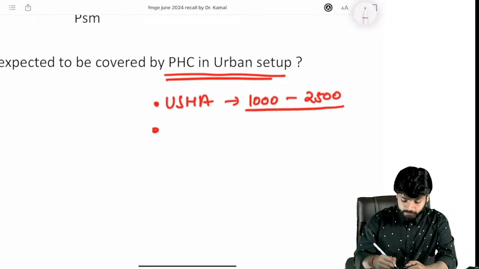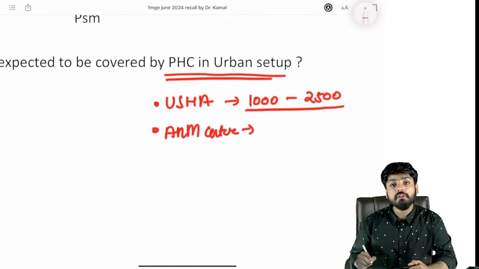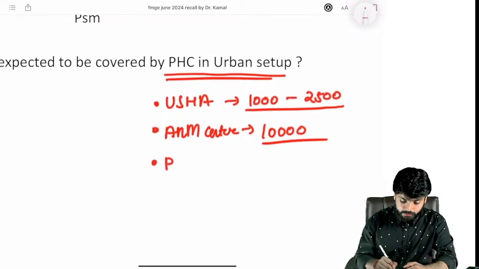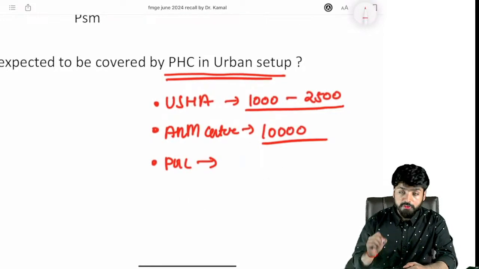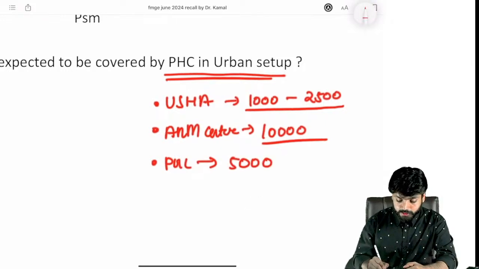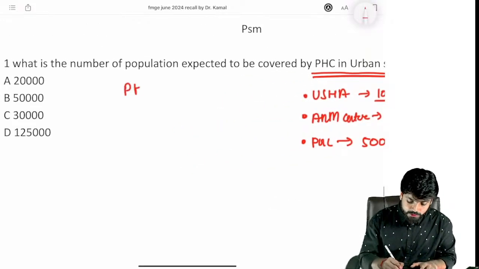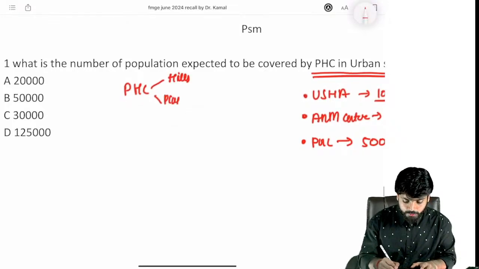Then the next step is the A&M center. For the A&M center, you have to remember they take care of 10,000 people. Next is PHCs. For urban PHC, it's 50,000. The other PHC that we remember can be hilly or plain, it's 20,000, it's 30,000.